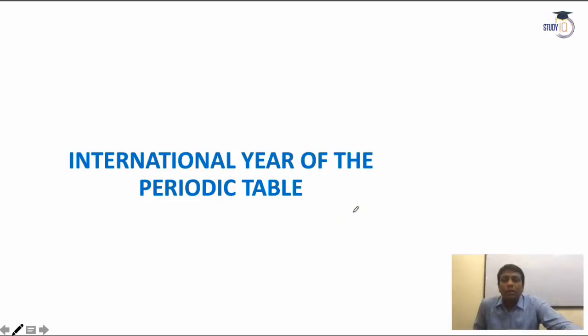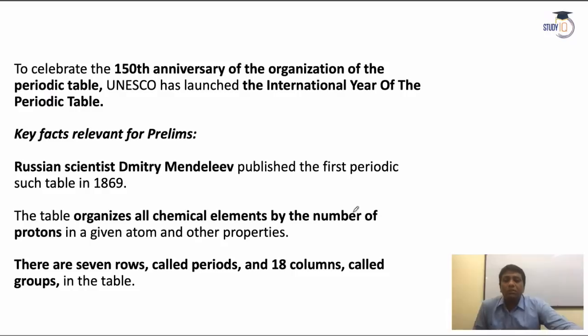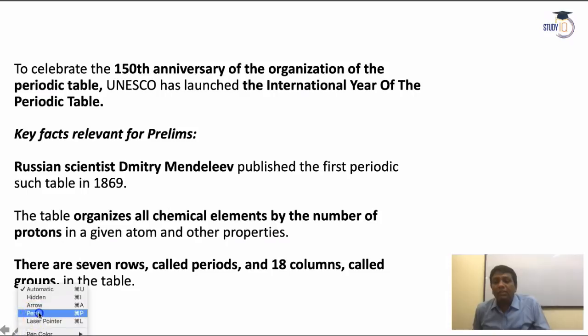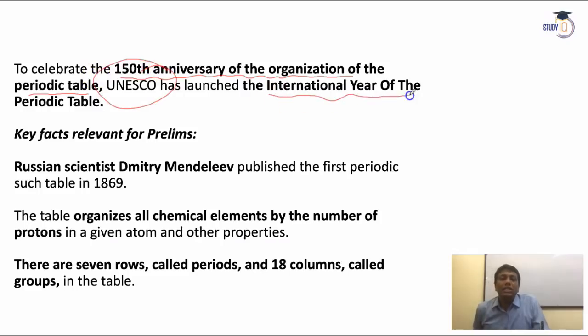Now the last is the International Year of the Periodic Table. See guys, to celebrate the 150th anniversary of the organization of the periodic table, UNESCO has launched the International Year of the Periodic Table this year.